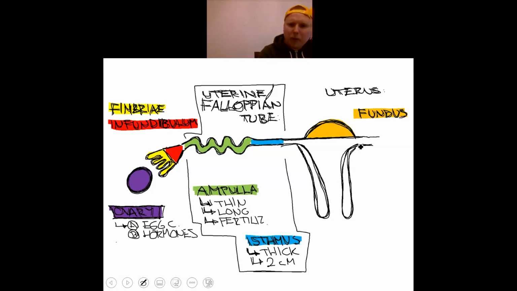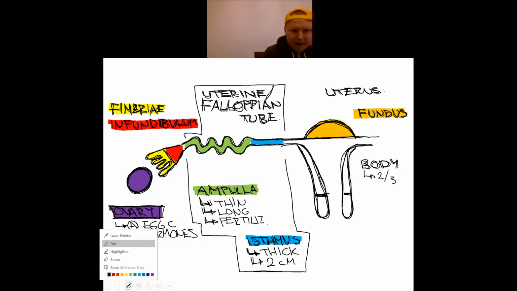About 2/3 of this is going to be the body of the uterus, if you want to consider the size or extent of that part.